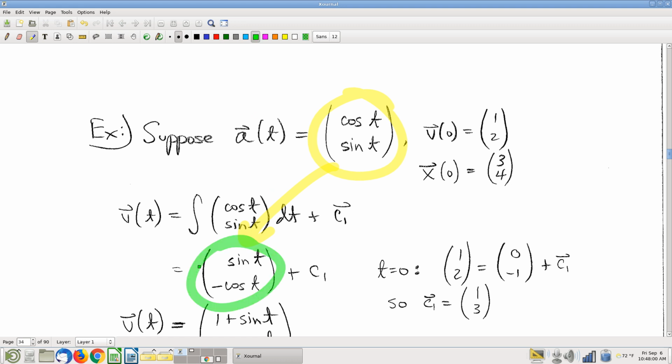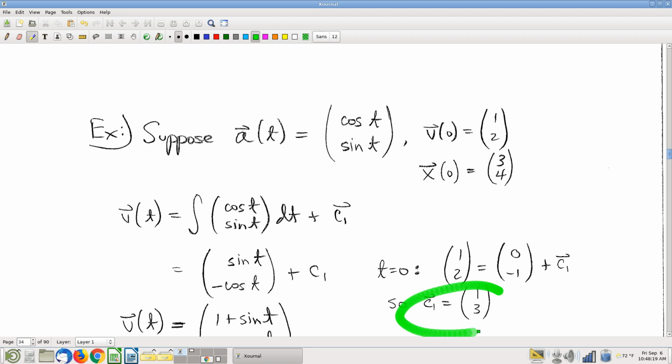Here's an easy example: sines and cosines. The antiderivative of sine is cosine, which is simply not 0 when you plug in t equals 0.